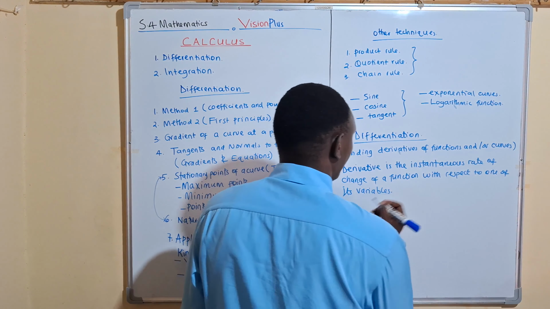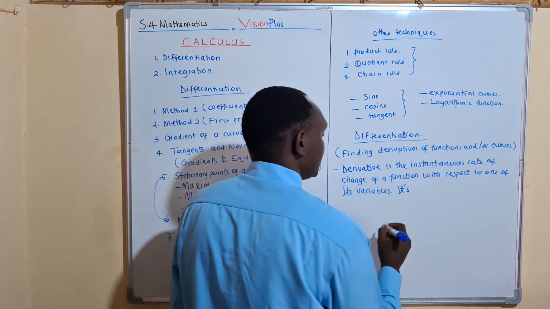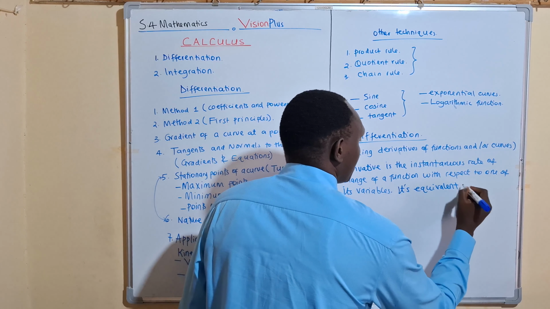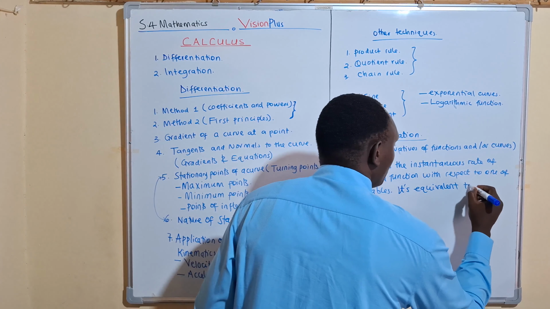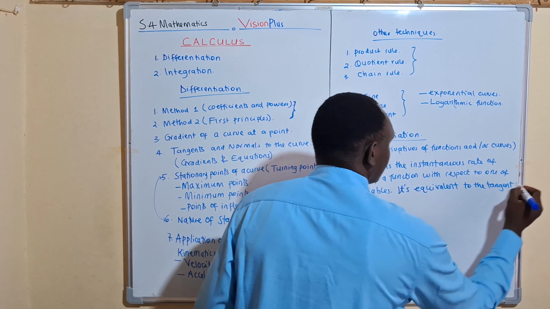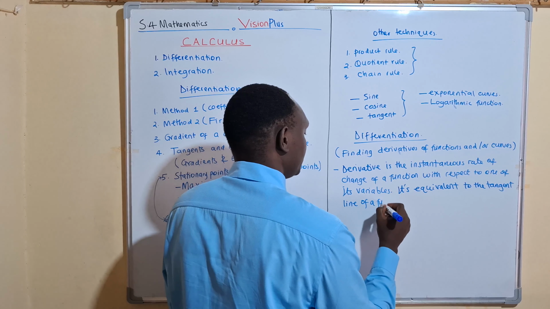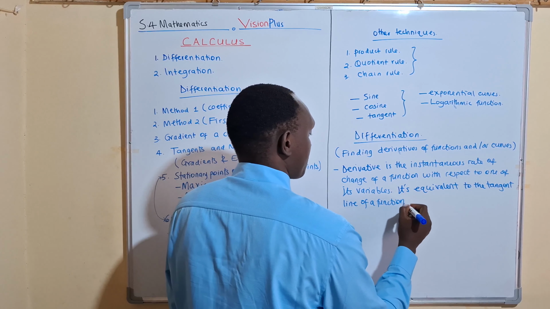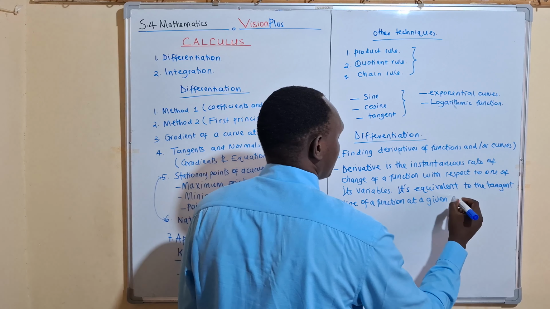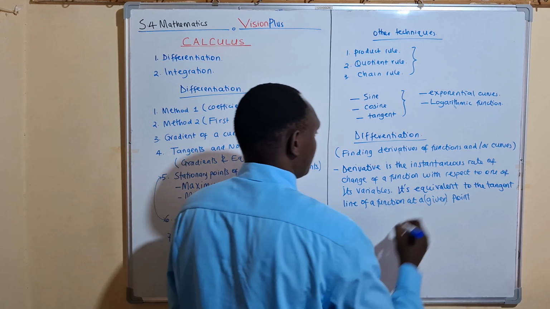In other words, we are saying a derivative is equivalent to the tangent line of a function at a given point. We can just say at a point.